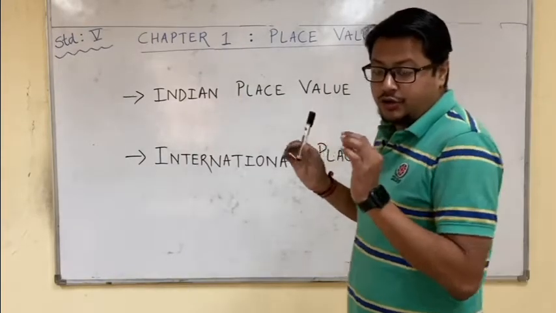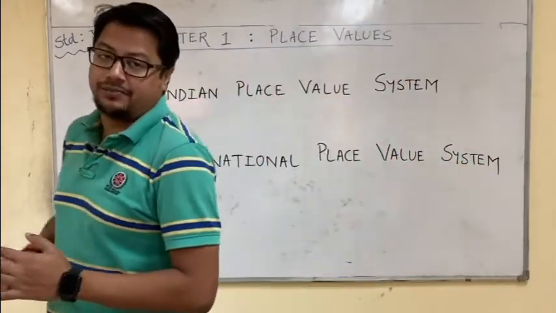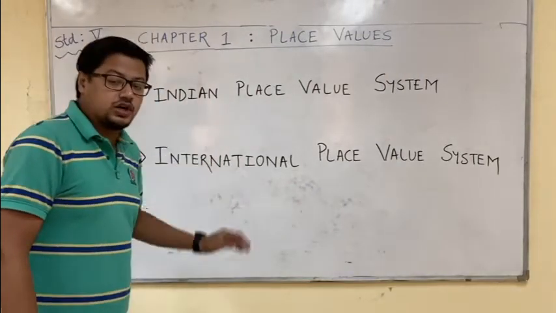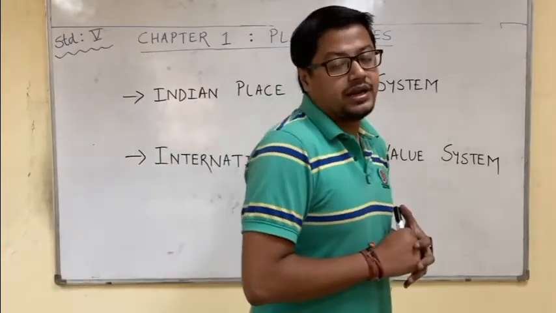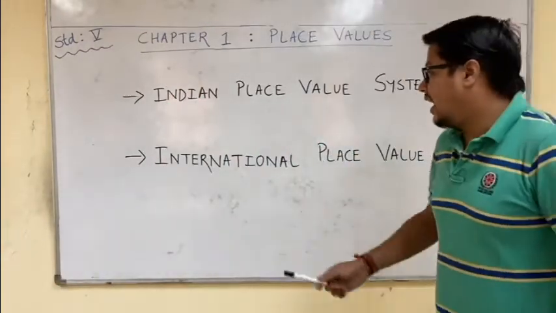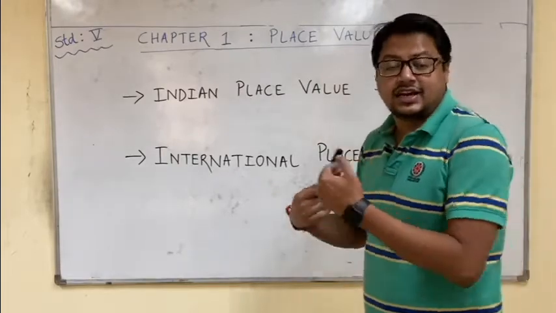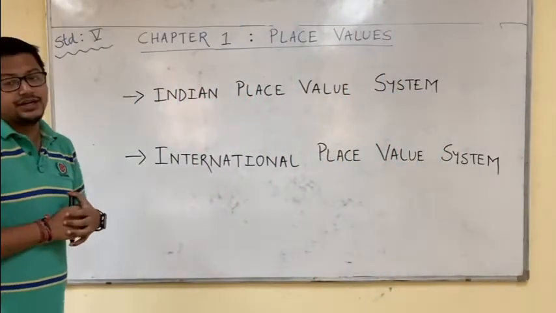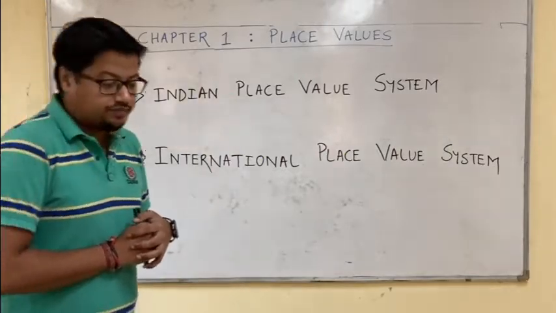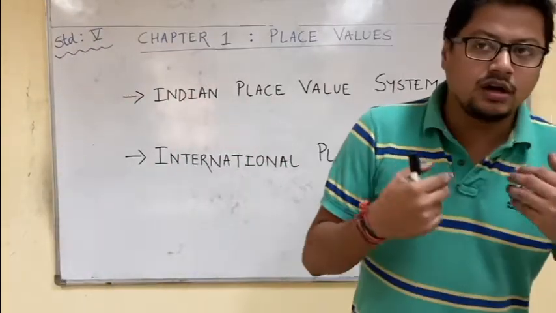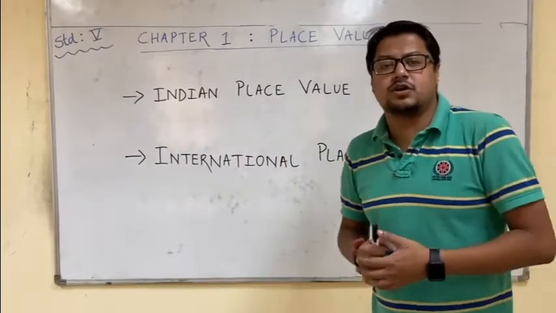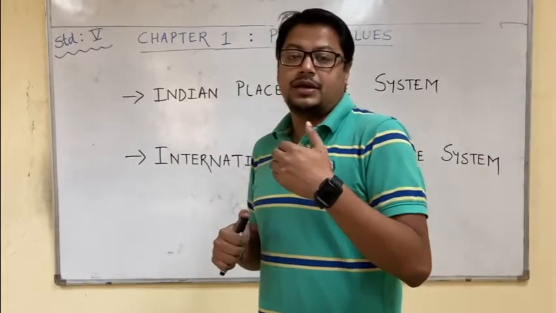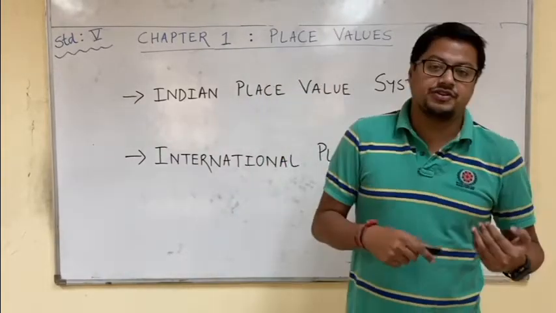Okay, we should know at the end of this chapter how to represent a number in Indian place value system, how to read a number in Indian place value system, how to represent a number in international place value system, as well as how to read a number in international place value system. Okay, then we will be also doing some small sums like you have done in 4th standard, that is ascending order, maybe comparing numbers, which is smaller, which is bigger.